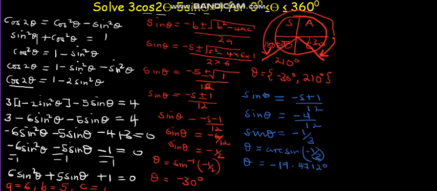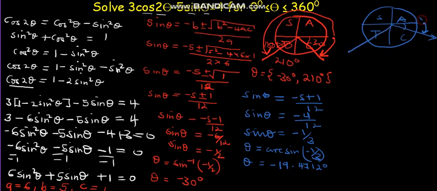19.4712 in degrees. We have to find other angles, and we shall make use of our circle. We said that all sine positive, others negative, tan positive, others negative, cos positive, others negative. So we shall realize that it lies here, and it moves from here coming to this side because it is a negative. Therefore we shall find another angle here.